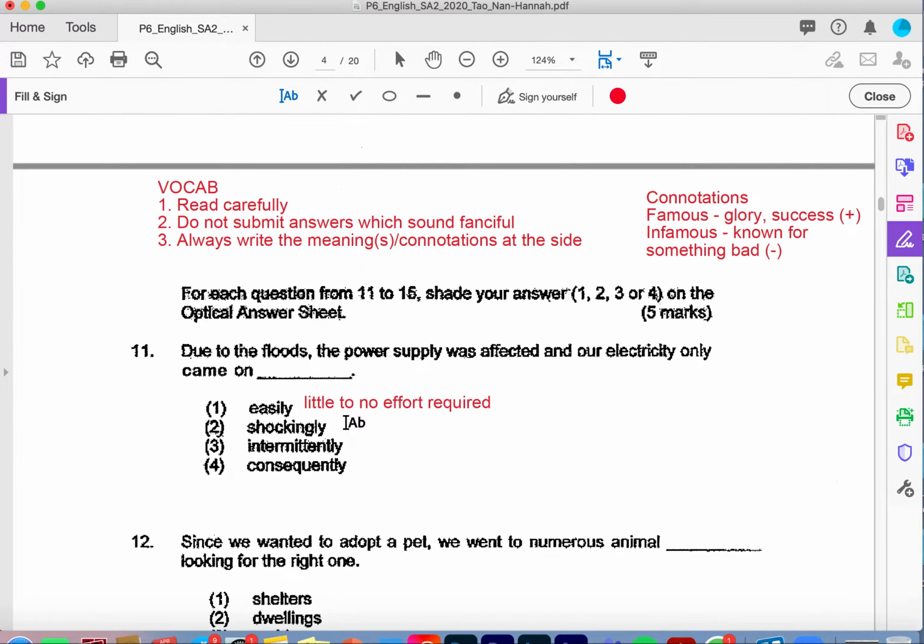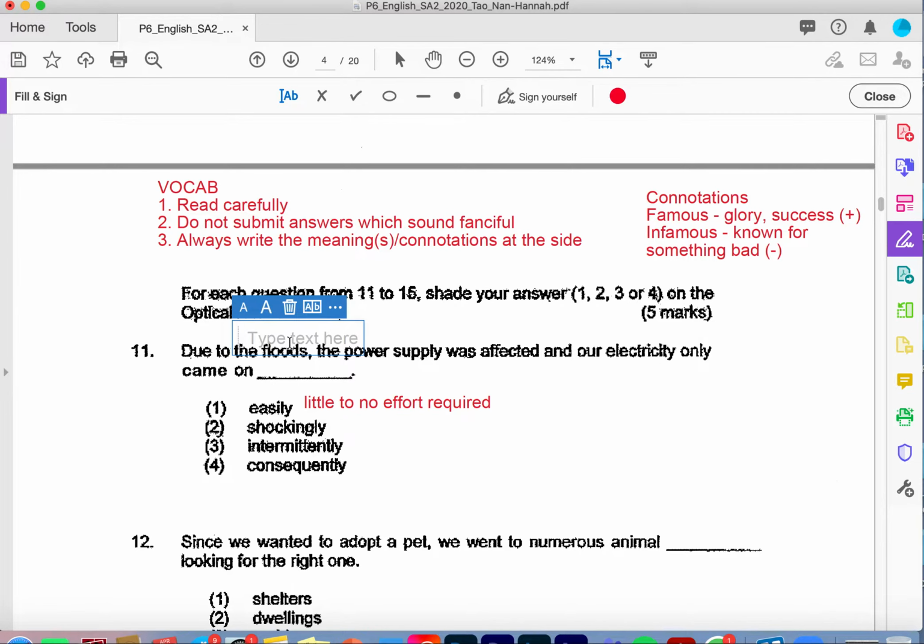So if there are floods, thinking about this logically, would it be easy for the electricity to come on if there were floods? No, right? Because electricity, like what we learn in science, is affected when water is present. So that's why it cannot be easily, because of the water.